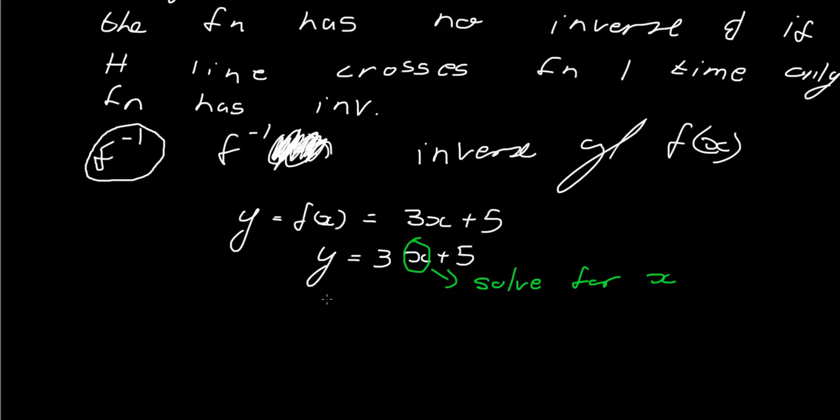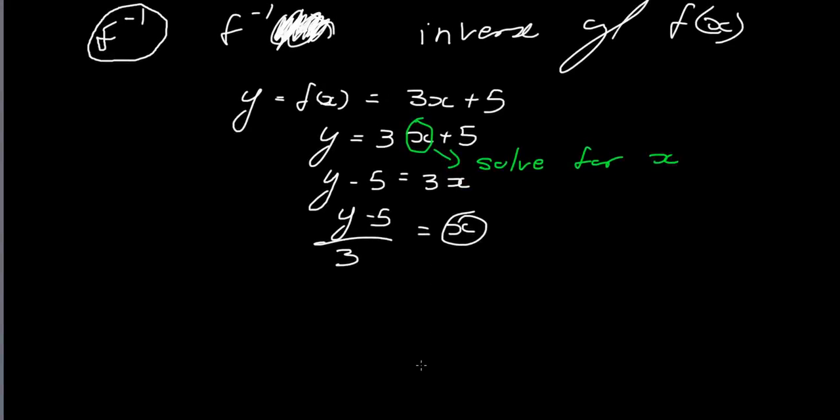So we're going to take the 5 across. Y minus 5 equals 3x. Then we're going to divide by 3 on both sides. Y minus 5 over 3 is equal to x. Okay? And now that we've solved for x, we've got our inverse. So y minus 5 over 3 is equal to f inverse.